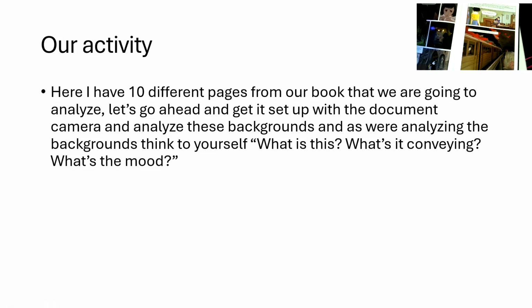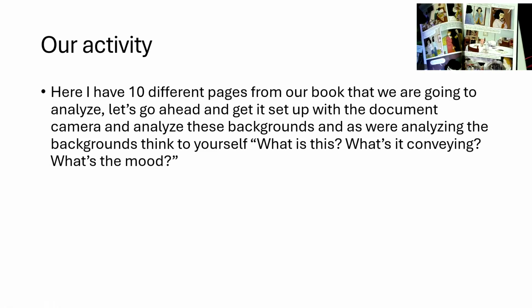So what's this conveying? As we can see, face expressions. Margaret's scared. There's obviously fear. She's being taken away. Now I don't know if this is in Margaret's mind or if this is real.